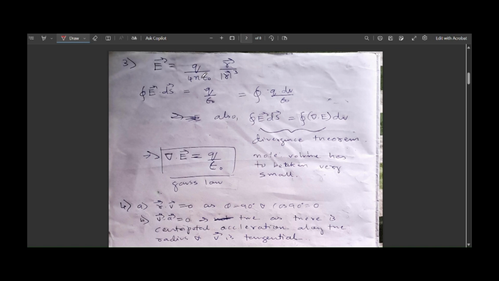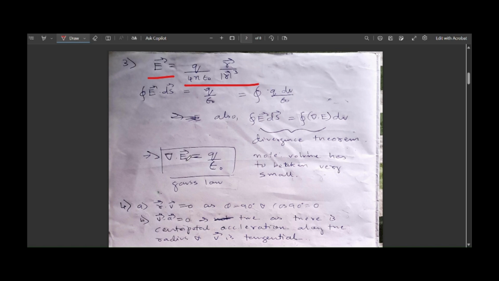So after writing the expression for E, this is the expression for E given in the question. E dot ds can be written as q by epsilon naught, that we have learned back in our school class 12 physics, and since epsilon is constant, q can be written as a volume integration of rho dv.